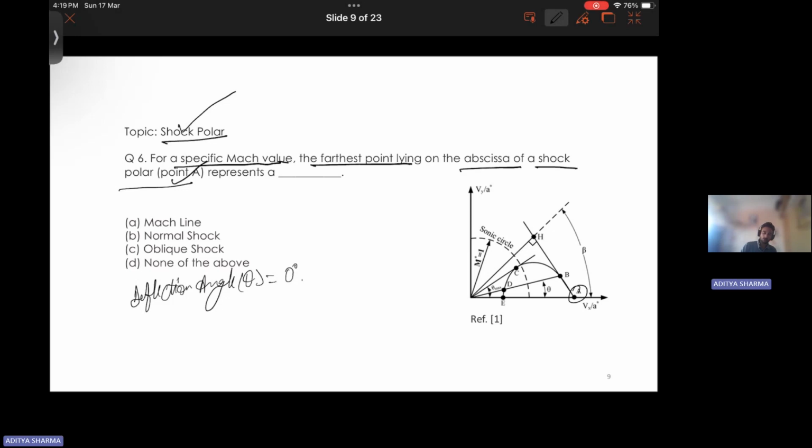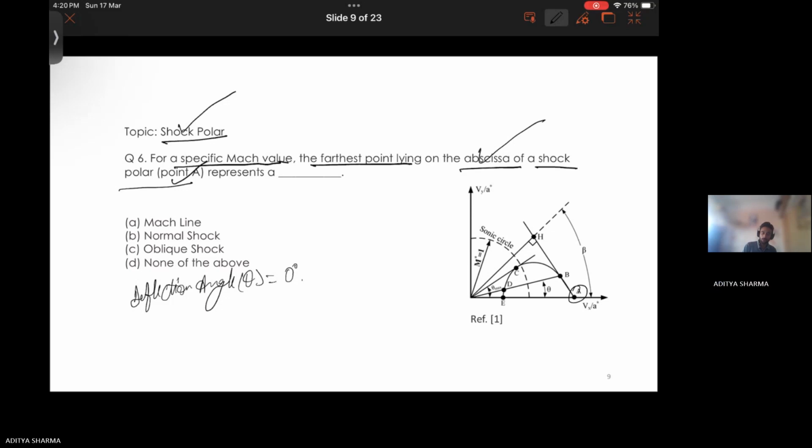So in this question, first we must know what is abscissa, right? And then we must know the farthest point. The points right to the theta max value on shock polar belong to weak oblique shock solutions, and to the left of theta max value they belong to strong oblique shock solutions, right? And the weakest solution belongs to the farthest point.